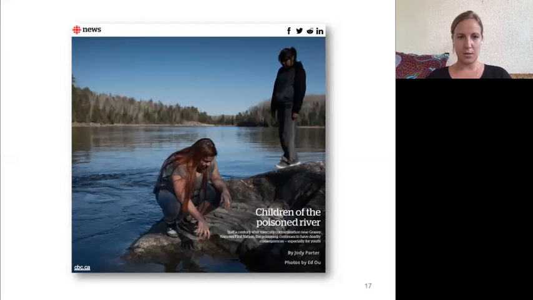We can see this strongly through this example of mercury contamination. First Nations in Canada often live off the land. There's a strong tie to the environment.